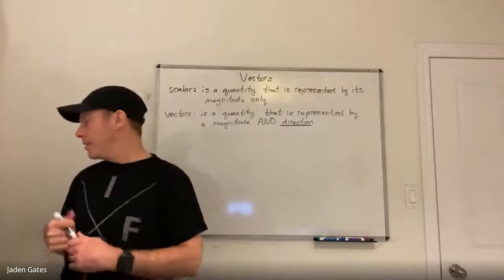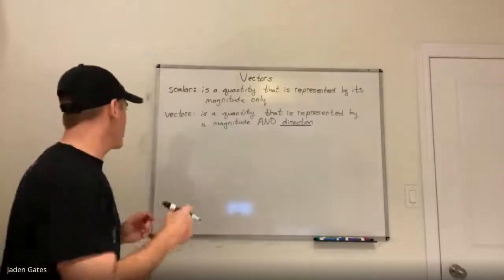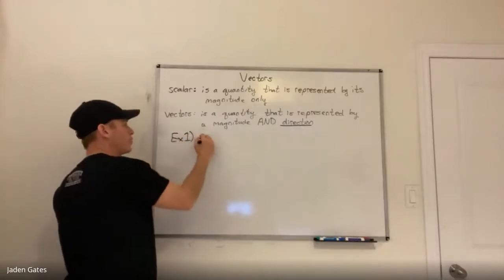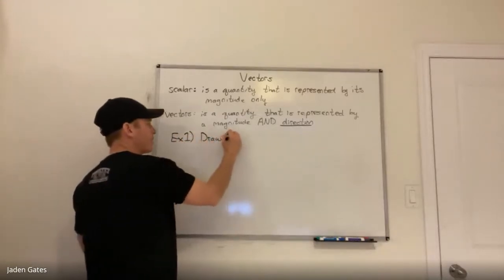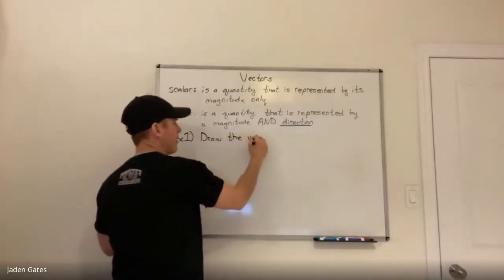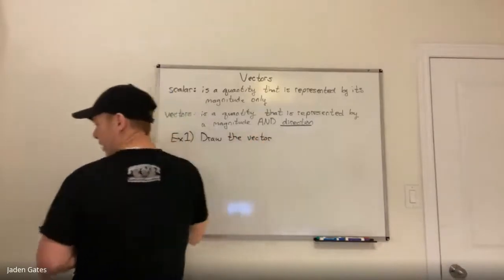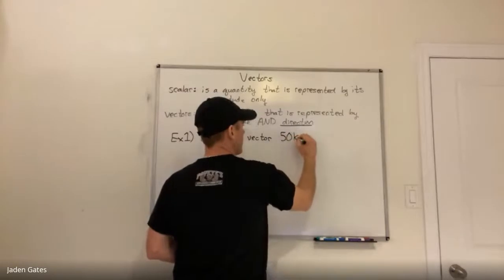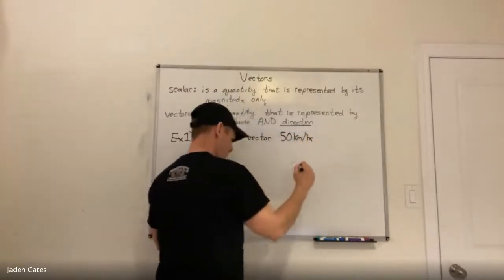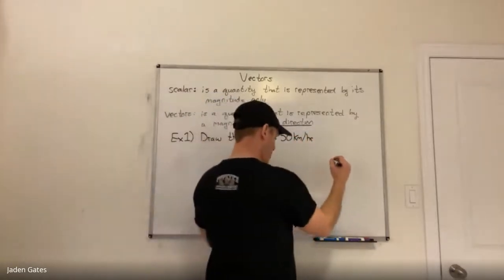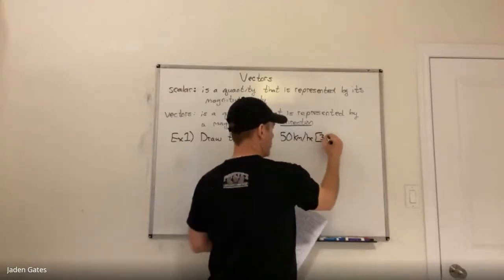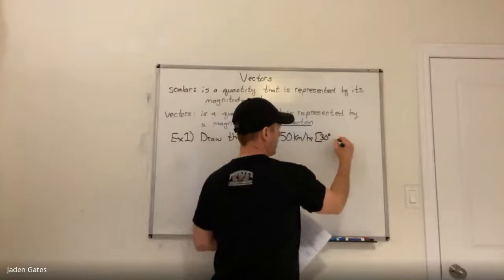So for example, what we're going to look at is actually just drawing a vector. So example 1, I'm going to draw the vector 50 kilometers an hour, and our direction is going to be 30 degrees south of west.